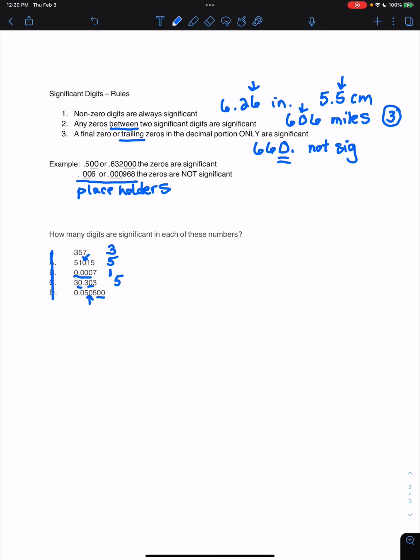But this 0 that is between the decimal point and a significant digit is only a placeholder. So these zeros are not significant. So we have 1, 2, 3, 4, 5 significant digits. I would suggest that you take a look at these and also some of your homework assignments and practice finding significant digits.